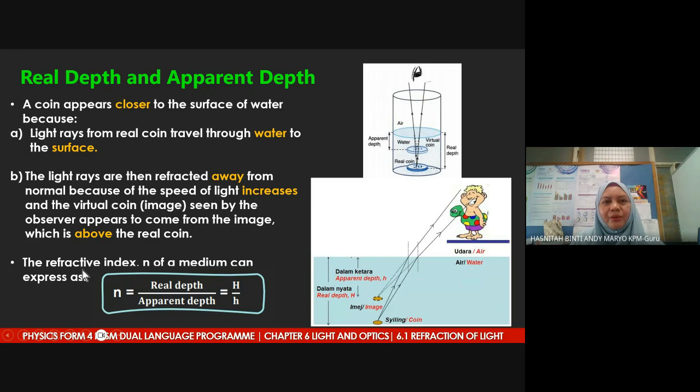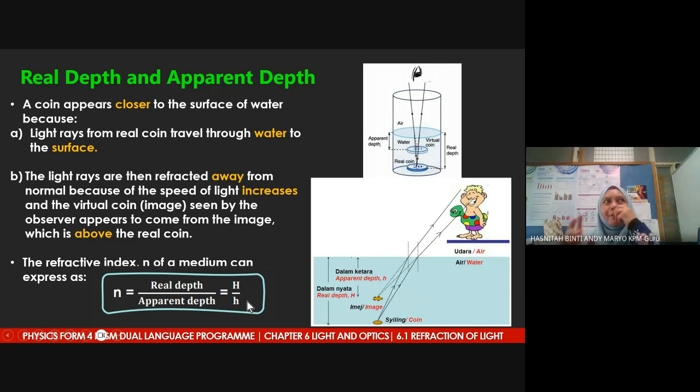So this is another way we can express the refractive index of a medium, where n is real depth divided by apparent depth. Real depth is capital H, or sometimes capital D. Apparent depth is represented by small h, sometimes small d.